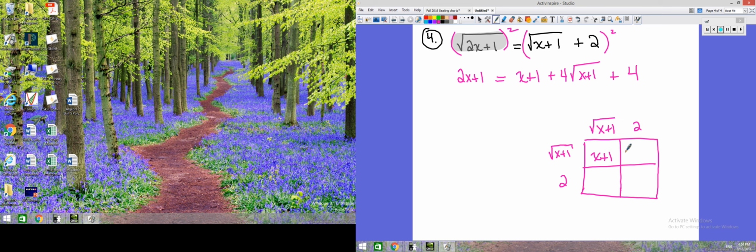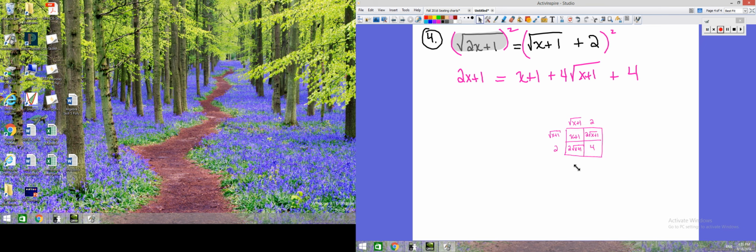When we multiply it by 2, we have 2 of these radicals. And here we're multiplying it by 2 again, and we have 2 of those radicals. And 2 times 2 is 4. And along this diagonal, I got 2 of these radicals, 2 more, for a total of 4 of them. So that's where that 4 came from. So in a sense, I'm just doing this table in my head when I square this out. All right.